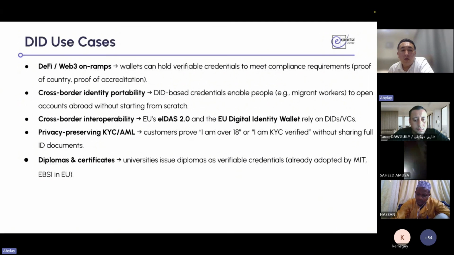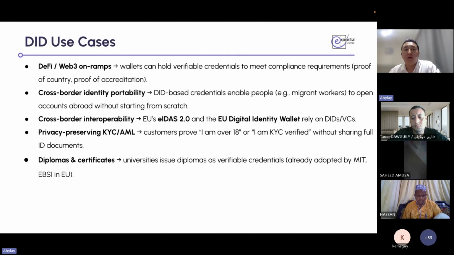And also, in terms of real adoption, we are seeing the European Union's eIDAS 2.0 regulation, and the European Union digital identity wallets are coming in the next years. They are relying on these concepts, partly on verifiable credentials. They aren't using blockchain, but they are using verifiable credentials in the wallet reference implementation, which is great, I think.